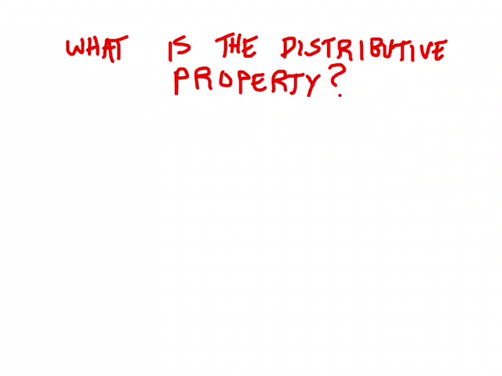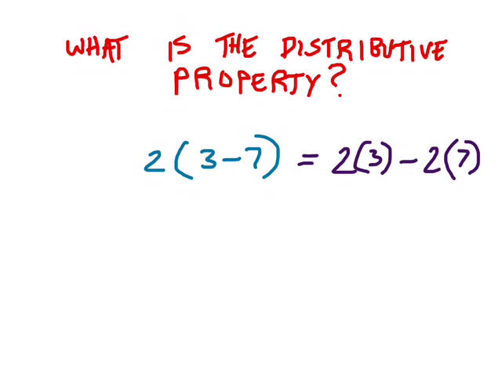So what is the distributive property? Basically, the distributive property tells us that if I am multiplying an operation in parentheses, usually an addition or subtraction operation, by something outside the parentheses, for example, here we see 2 times the answer to 3 minus 7, it is actually the same as if I were to multiply that same thing by each piece individually.